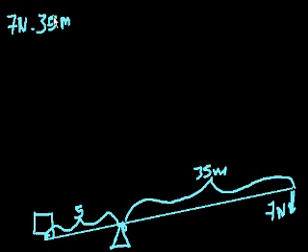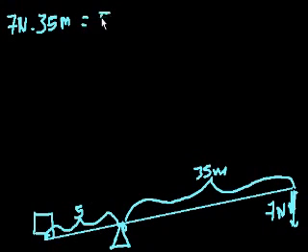And realize that that does not work, because the distance this force is traveling is not 35 meters. The distance this force is traveling is something like here. But this 35 meters is going to be proportional to the distance that this is traveling when you compare it to this other side. So this quantity, 7 newtons times 35 meters, is the moment, and that is going to be equal to the moment on this side, the output moment.